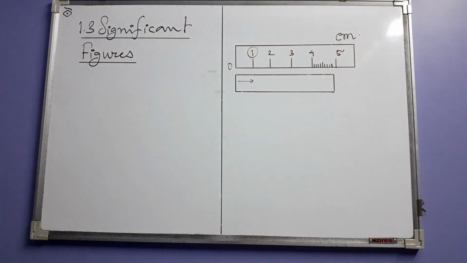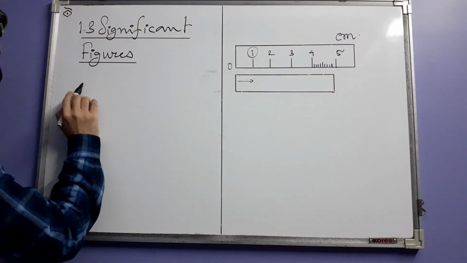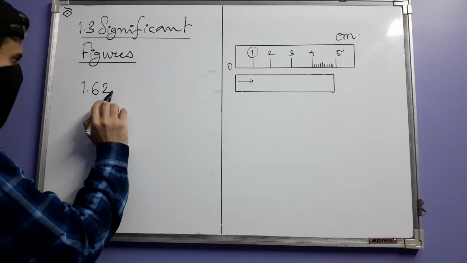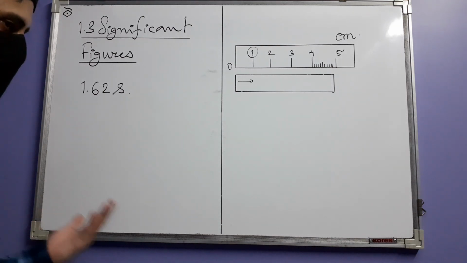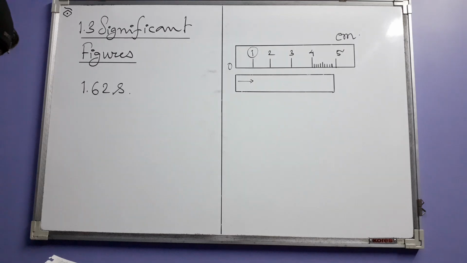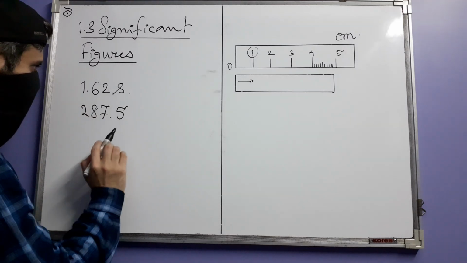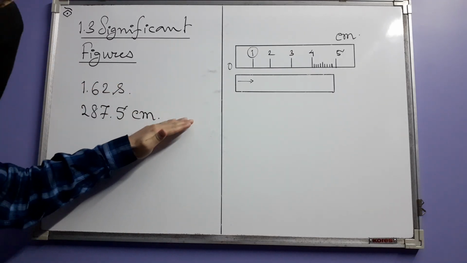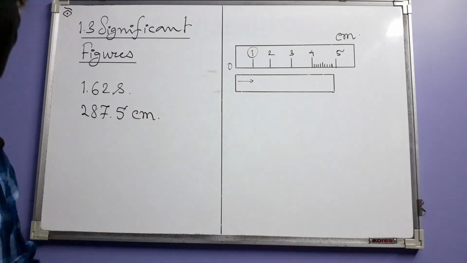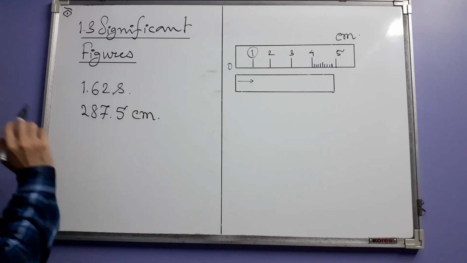Say, someone measures the time period of a pendulum and gets this value 1.62 second, or someone measures the length of some object using some kind of device, say a ruler or something else, and gets this value 287.5 centimeters. None of these measurements is exact.